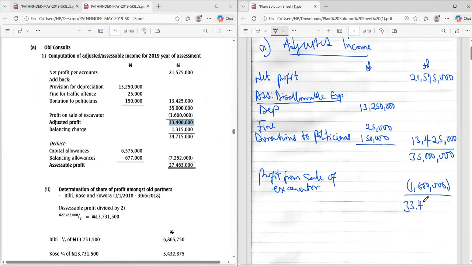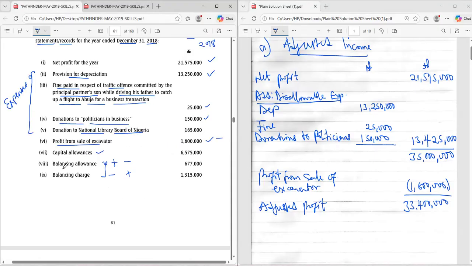So that's what you call your adjusted profits. But don't forget, we need to treat capital allowance as well, then the balancing charge and balancing allowance. What did I tell you about them? For balancing charge, you plus it. For balancing allowance, you subtract it.